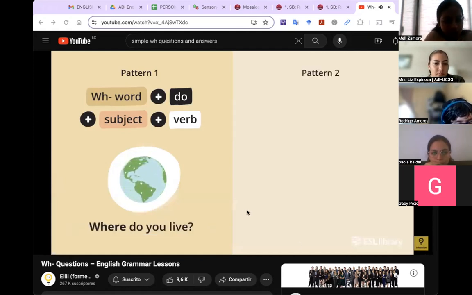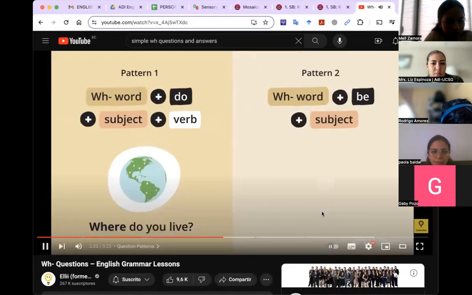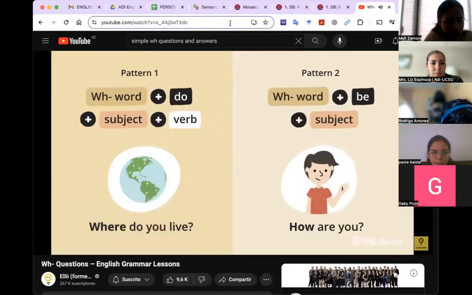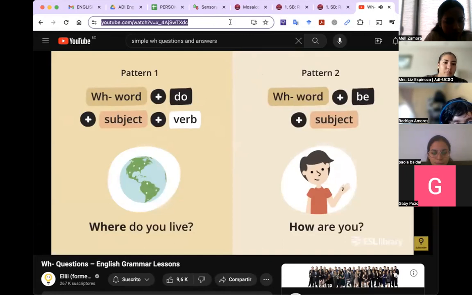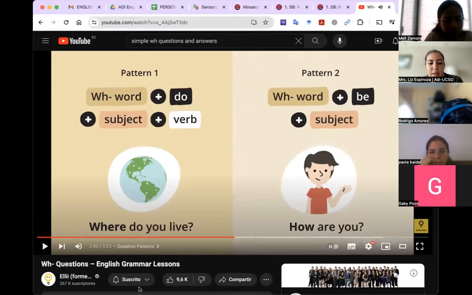Another common question pattern is WH word plus be plus subject. An example of this question pattern is, how are you? Note that be changes forms with different subjects. It is important to pay attention to this because you cannot say, how are she?